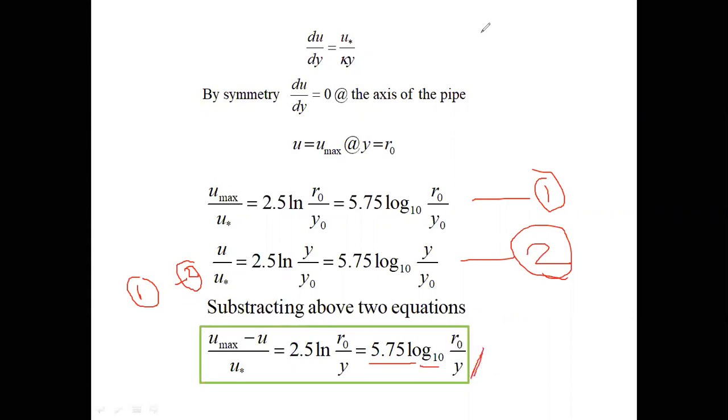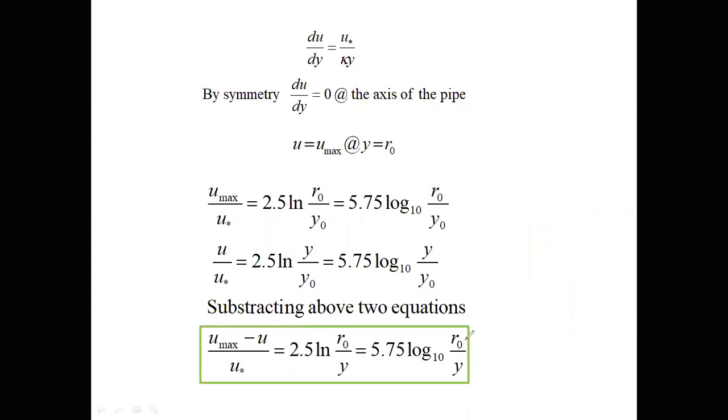What is important in this equation is that the general equation we first derived had a y naught term, but here we don't have the y naught term. Therefore, this equation is very useful when we consider the velocity distribution of turbulent flows.